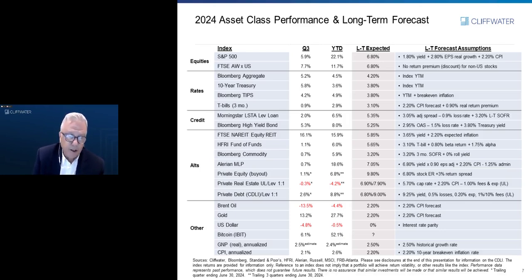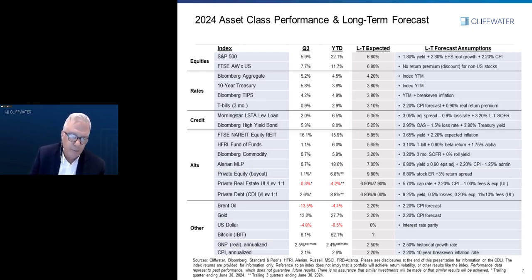A couple things in the other category. Oil is dipping down from a high level, but so far this year is edged down. Gold is up pretty strongly. Probably a number of factors contributing to that. The U.S. dollar has declined, so that may be part of it.